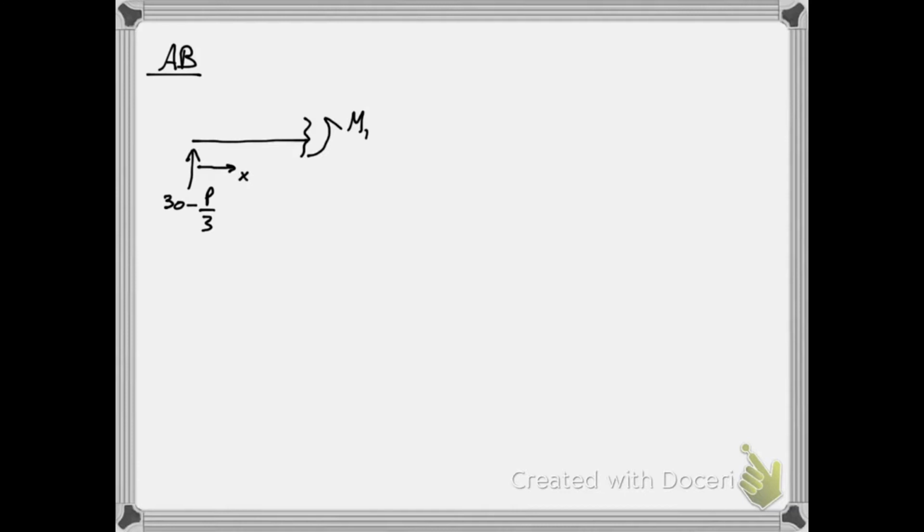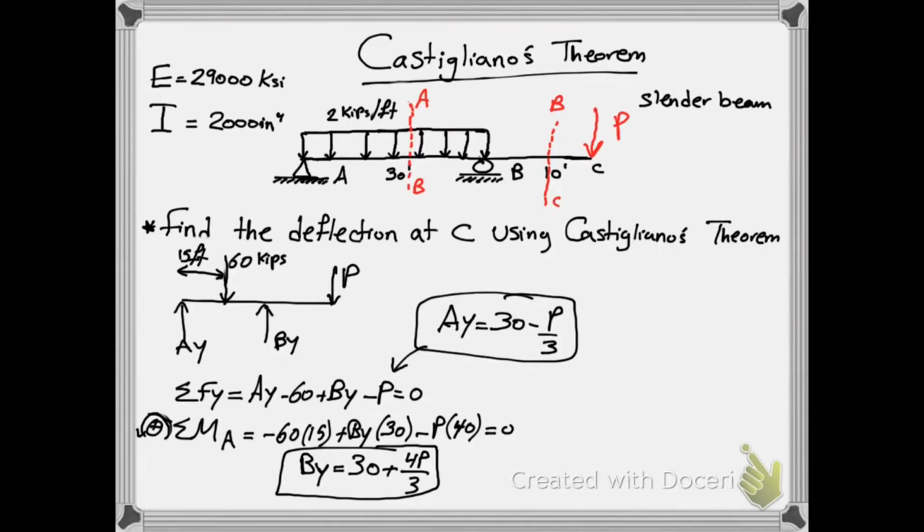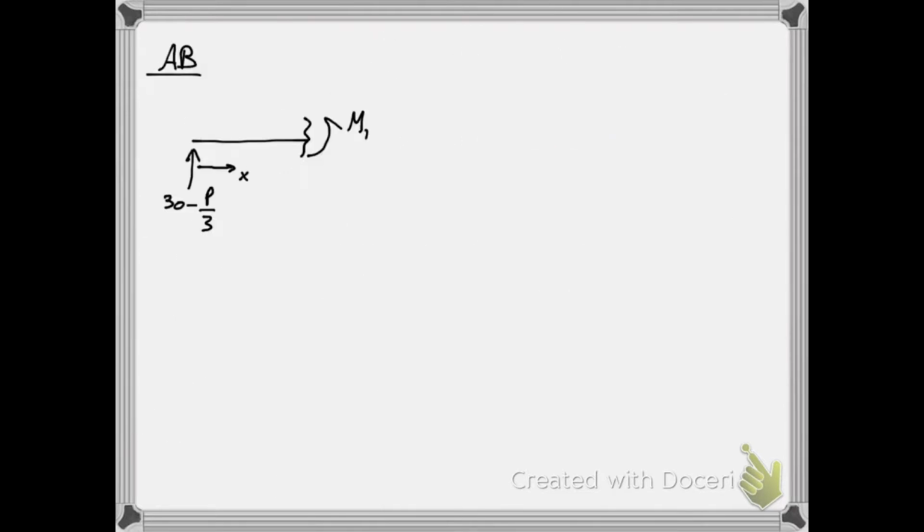And X is gonna go in this direction. And remember, we had 2 kips per feet, so we're gonna multiply 2 since our distance is x now, it's going to be 2x.